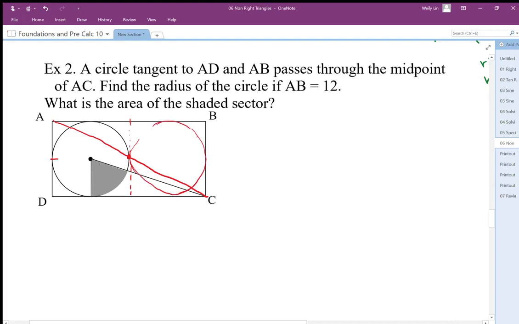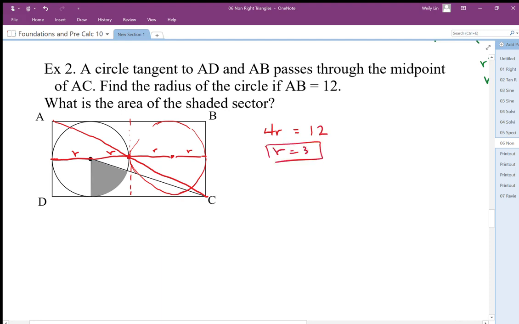And that means if I want to find the radius of the circle, the radius is going to be this length, R, this length, R, this length, R, this length, R. All I've done is use symmetry here. 4R is equal to 12, so my radius is equal to 3.